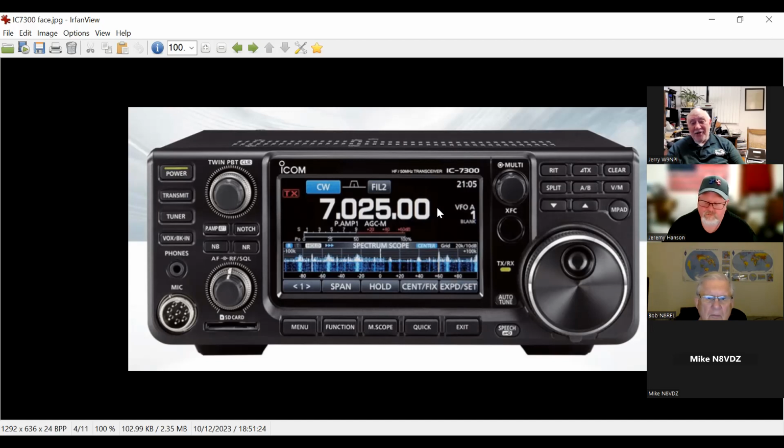So what he will say is, all right, I'm listening up 3 or up 5 or something like that, which means that you split your transmitter and receiver on your rig here. So you would receive him on 7.025 and transmit on 7.027 or thereabouts. You actually have two transceivers in here, and it will do that.